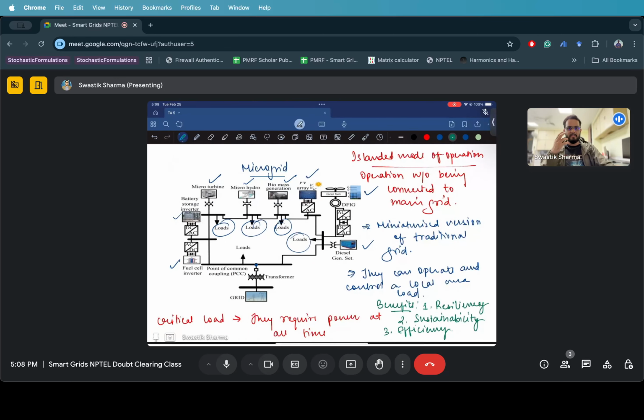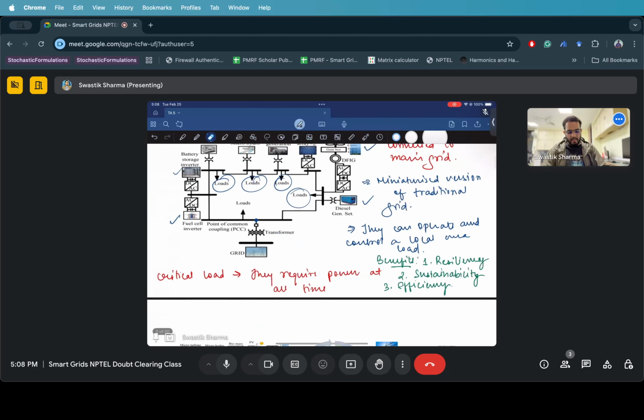So there is an extended definition which ma'am has given in her slide. It's according to IEEE 1547, that governs the whole DRs and their interconnection to the main grid. And you'll see over there everything from the aspect of what kind of DR can be operated, the voltage level, and everything.